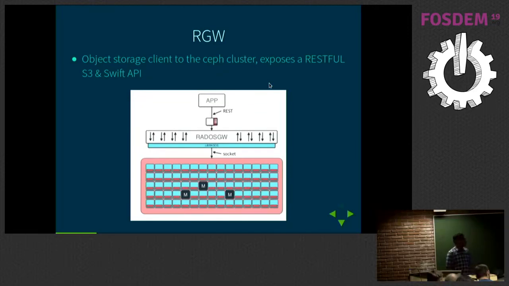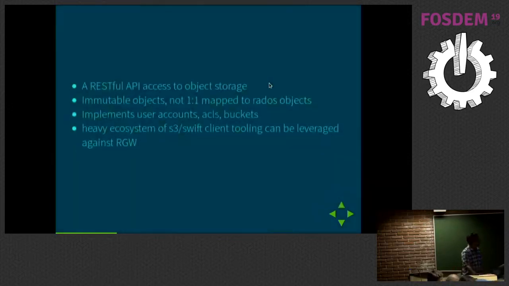It basically translates your HTTP REST calls into librados calls. Objects do not map exactly one-to-one to Rados objects. Over the normal Rados objects, you have an implementation of users, ACLs, and buckets, and stuff like this. And there's already a heavy ecosystem of Swift and S3 client tooling that can be leveraged, so you don't need to develop a third API, and these APIs are good enough, so these are the APIs that we are exposing.